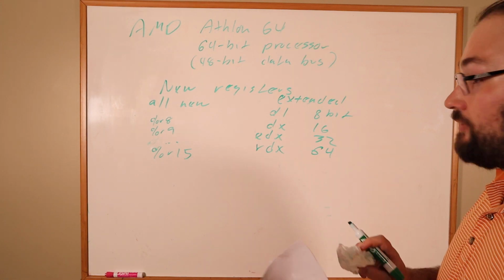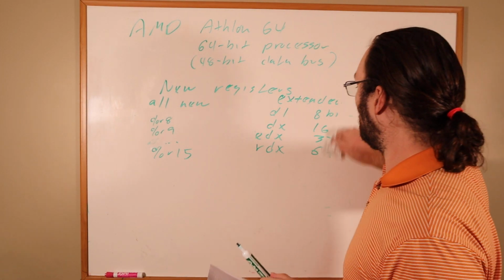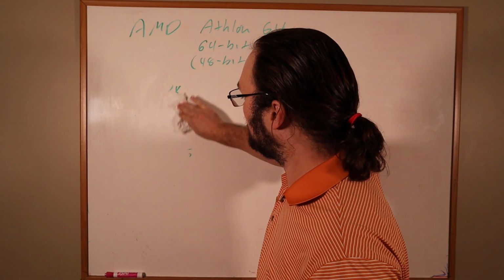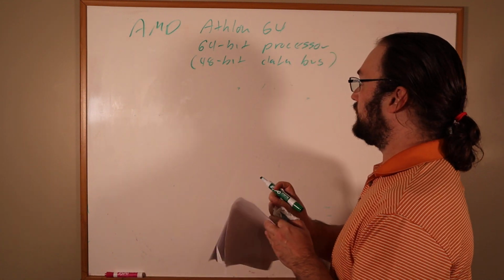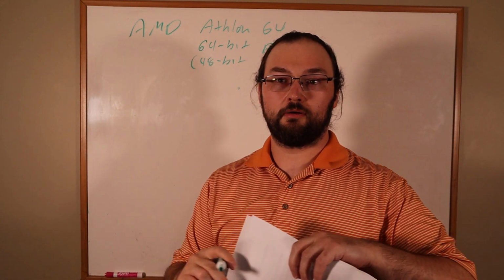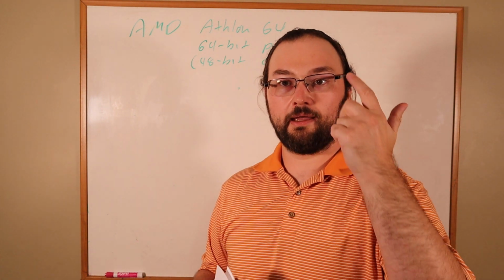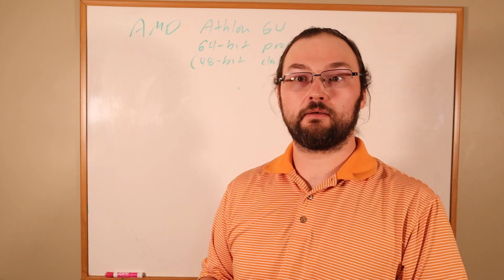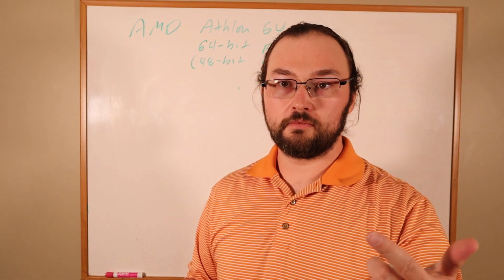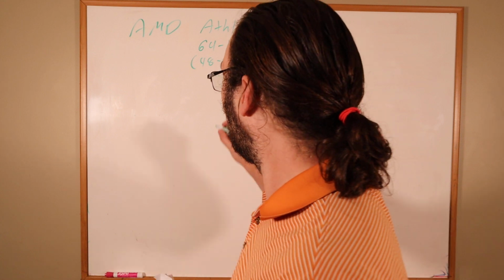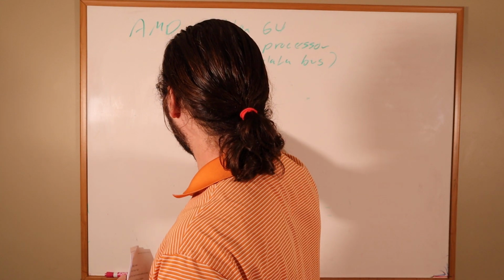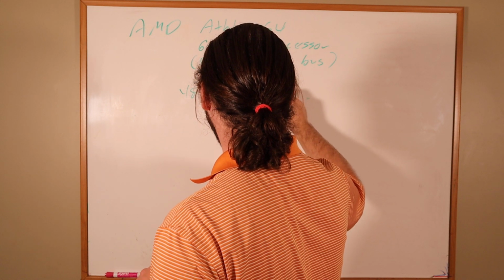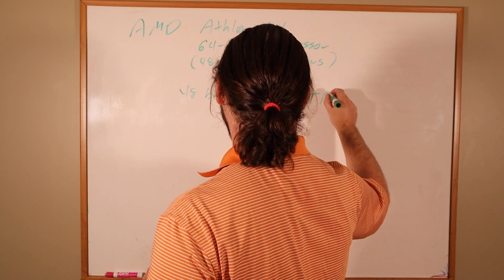All right, so how much RAM can we access with a 48-bit physical memory bus? 10 is K, meg, 30 is gig, 40 is terabyte, and 2 to the 8 is 256. So 48 bits gives a maximum address space of 256 terabytes.